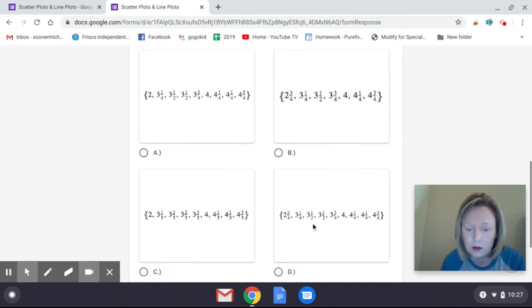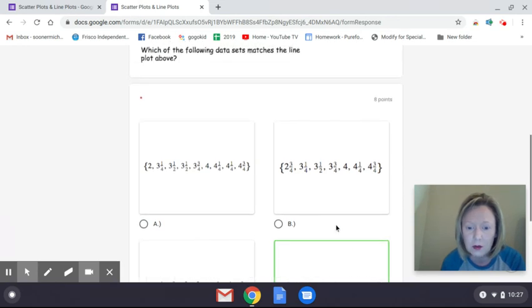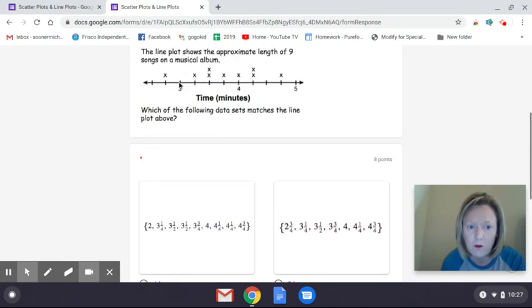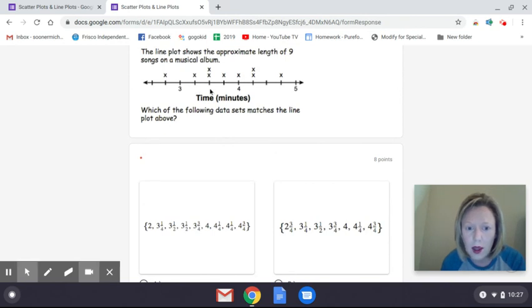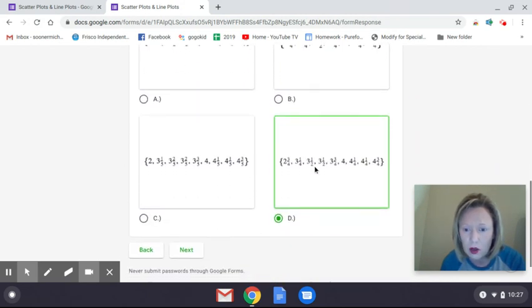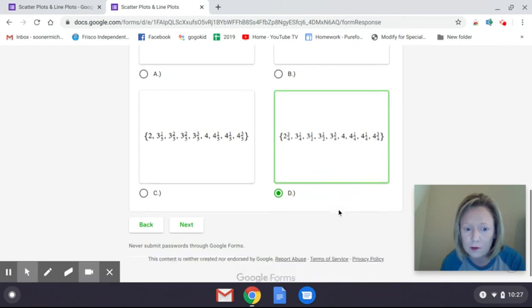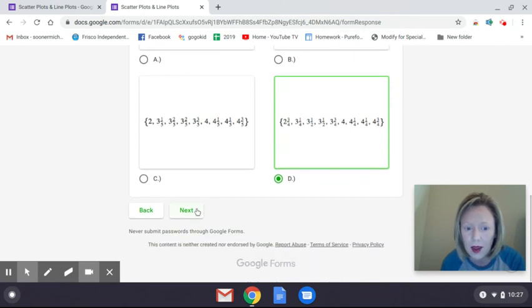Here we go. That's looking like option D is the correct answer because I have 2 and 3/4, 3 and 1/4. And then I have 3 and 1/2, 3 and 1/2, 3 and 3/4, a 4. So that's all following the same pattern as that line plot.